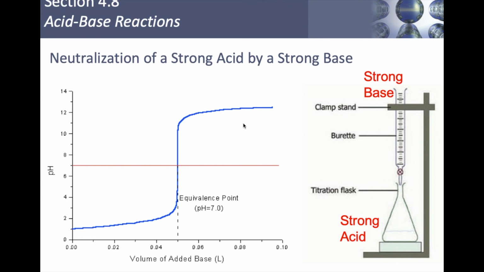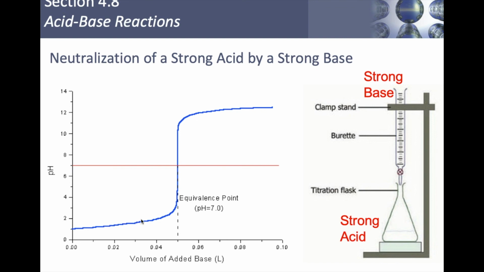It's a kind of elongated S, and you always will start with some sort of pH that's low, because again, we have a strong acid here. And as you add little drops, or maybe even a milliliter at a time, of this strong base here, the pH is going to start to increase.